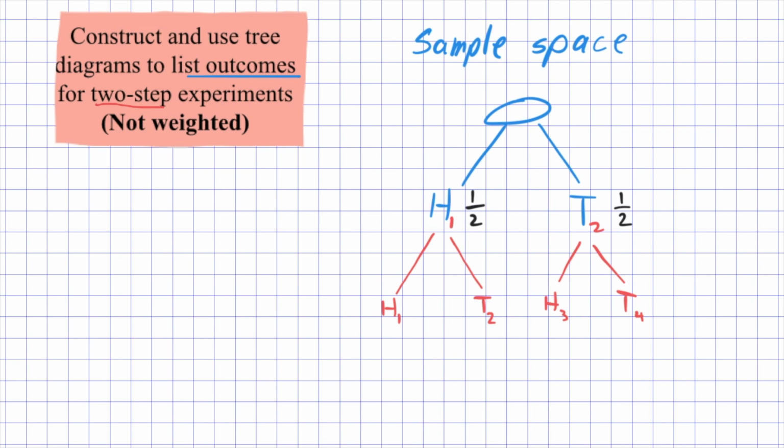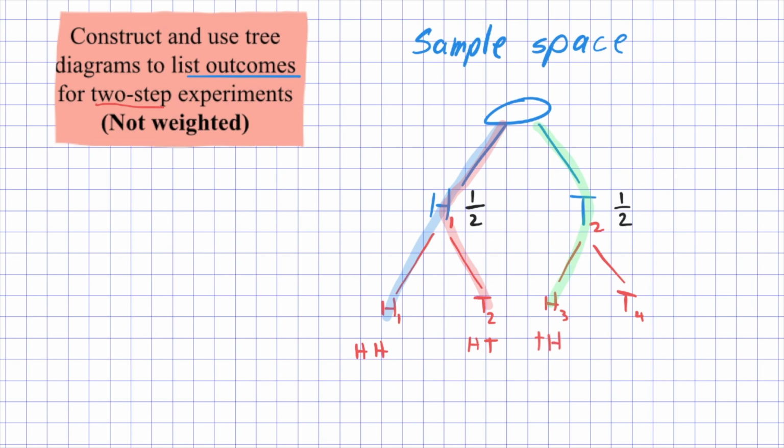Because if we follow our track, we've got this option here, which involves heads, heads. We've got this option here, which involves heads, tails. We have this option here, which is tails and then heads.